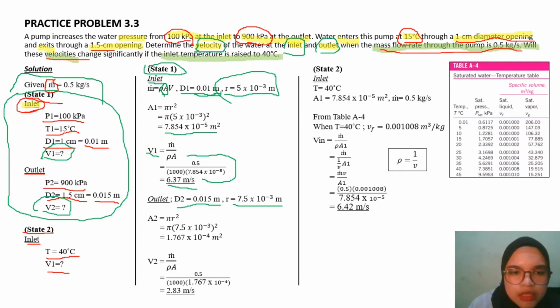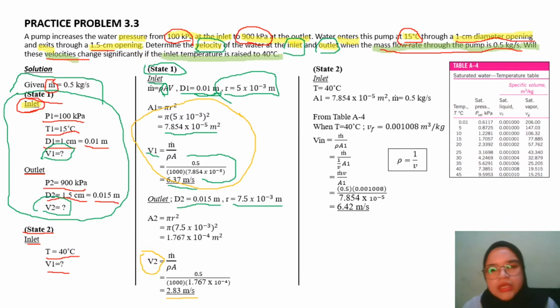So the area is found with the same method as above. We can find the velocity outlet. So just proceed, and we get the answer 2.83 meter per second, which is the velocity outlet.